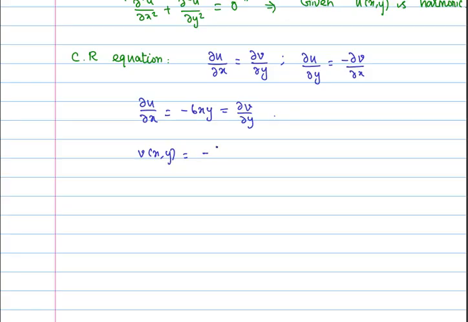So minus 6x y square divided by 2, which is minus 3 times x y square, plus some function of x, phi of x, because integrating adds some function of x.